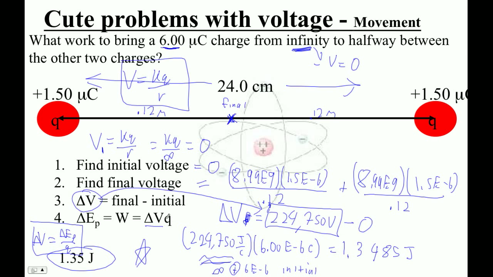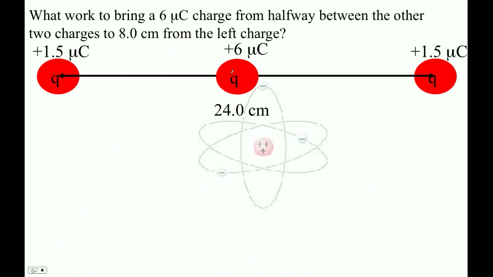Let me do another one for you. Now it's right at that position right there, which, by the way, don't we know this voltage right here, I'm taking this charge out of the way, right? Okay. Well, we know the potential there, if we take this guy out of there, is 224,750 volts, right?